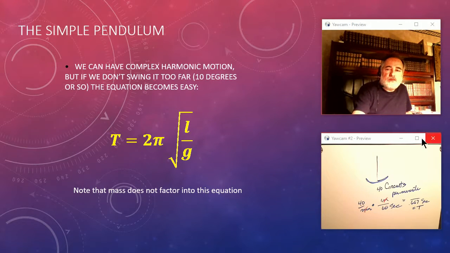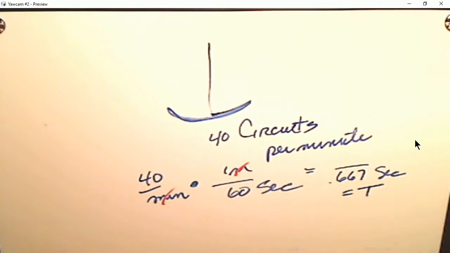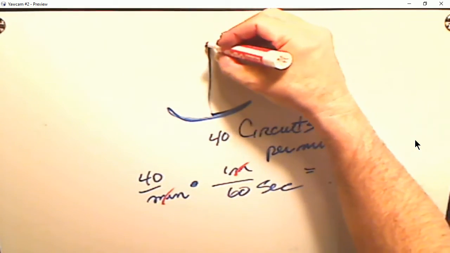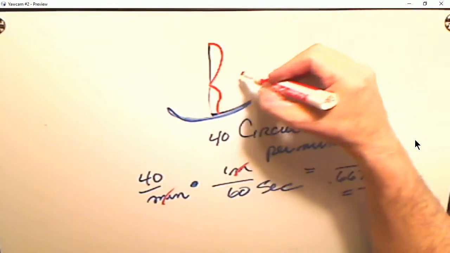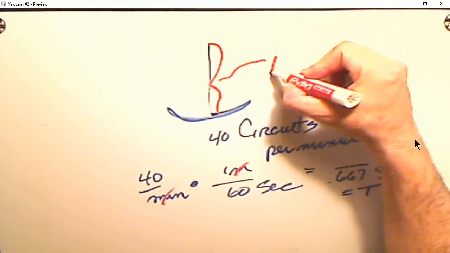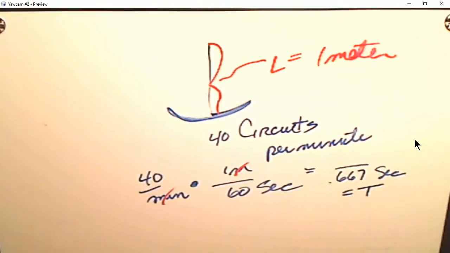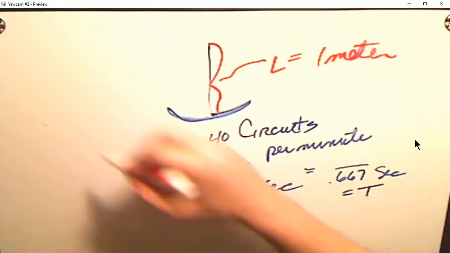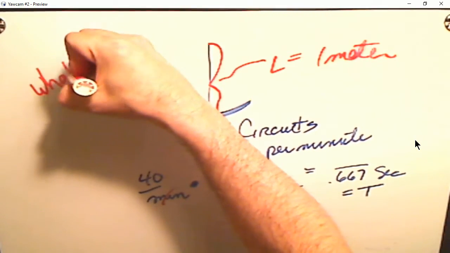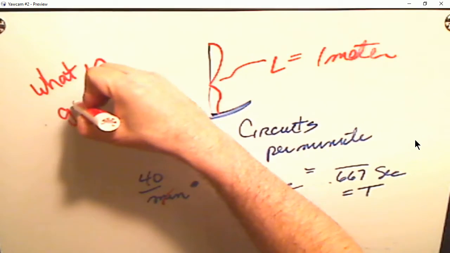Okay? So if the length, let's say we're doing this on another planet entirely, this length is 1 meter. What is G on this planet?